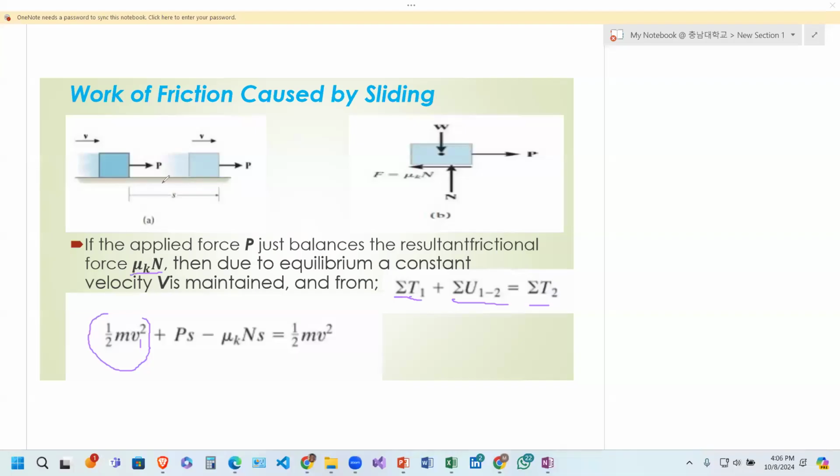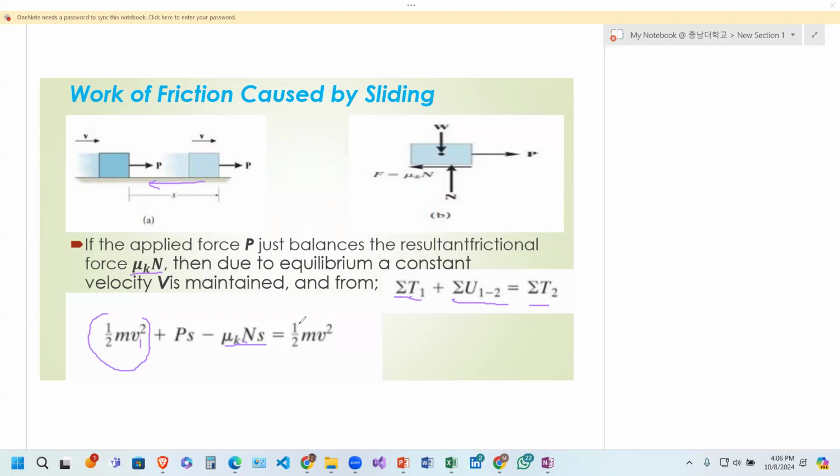The friction force is mu K times the normal force, times the distance covered, which is s.